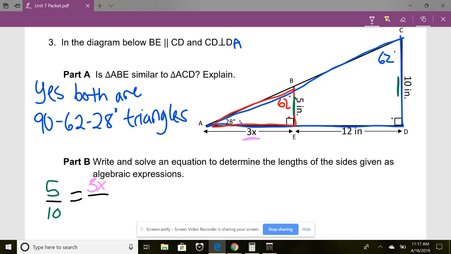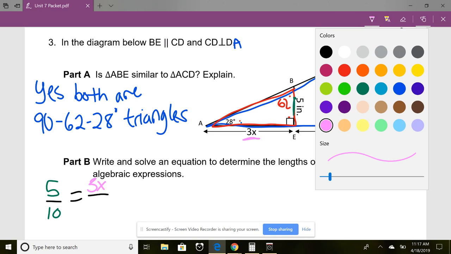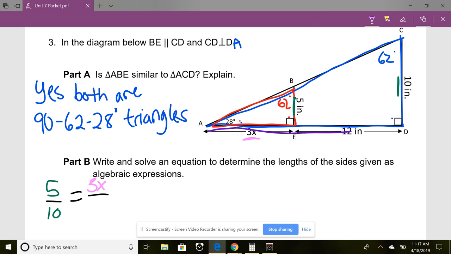And of the blue triangle, the bigger triangle, the side similar to that is this whole base right here. So the side similar to the 3x is the whole base right here, which is 3x plus 12.